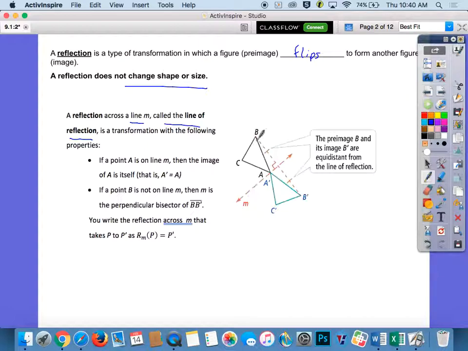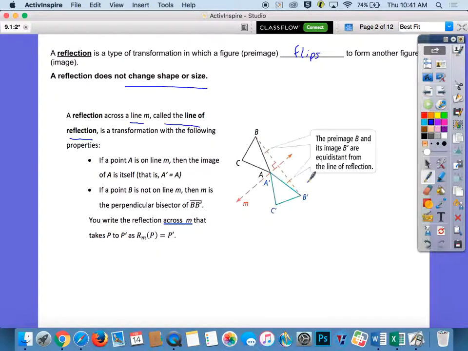And so if I reflect B onto the other side, then the segment that connects these two guys is going to be perpendicular to your line of reflection. If I have an imaginary segment that connects C to C prime, that segment is going to be perpendicular to the line of reflection. The other thing is the distance between the image and the pre-image to the line of reflection is going to be equidistant.